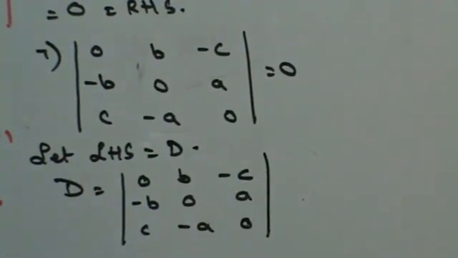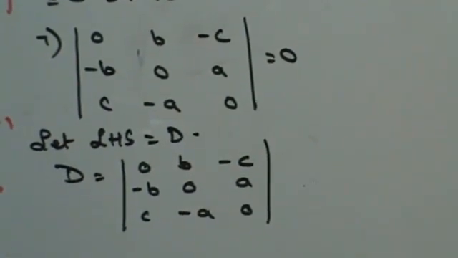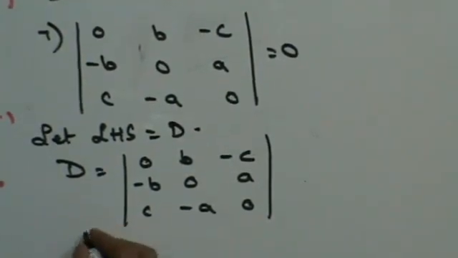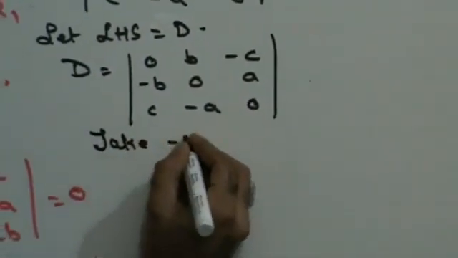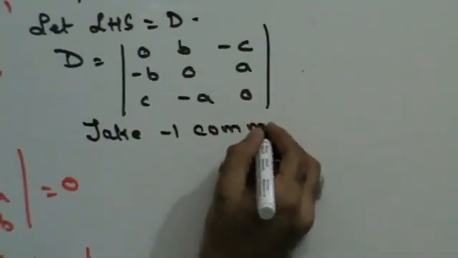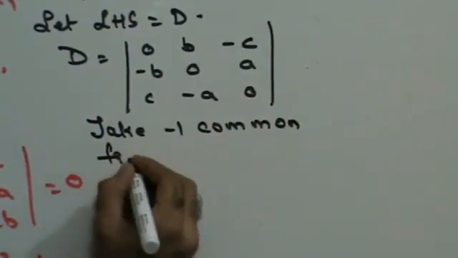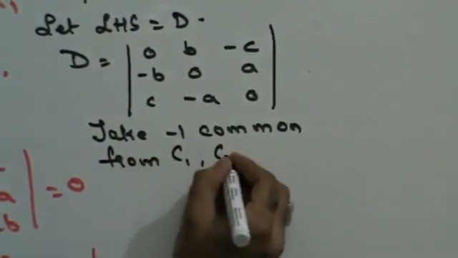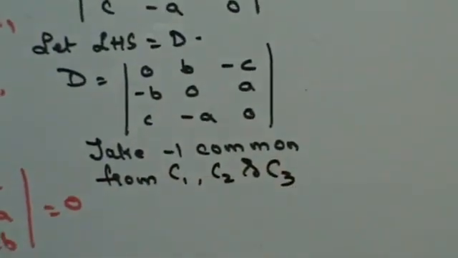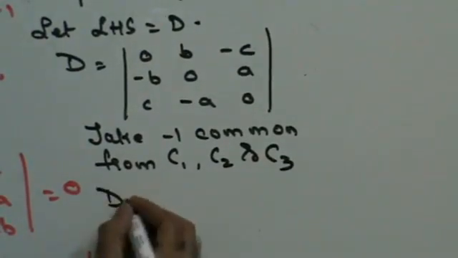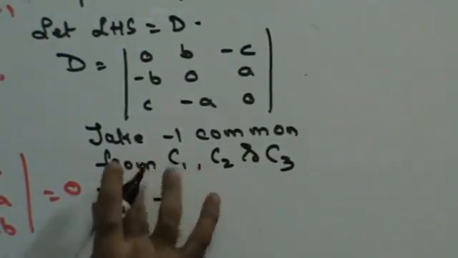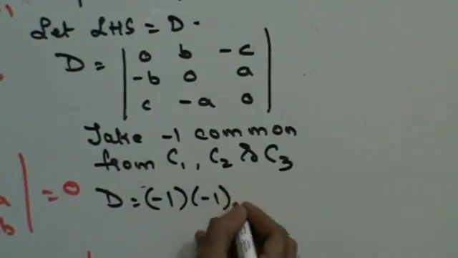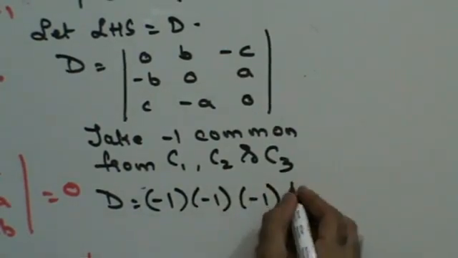Now the first thing I'm going to do is take minus 1 common from all three columns, C1, C2 and C3. If I take minus 1 common, then my D will become minus 1 into minus 1 into minus 1.